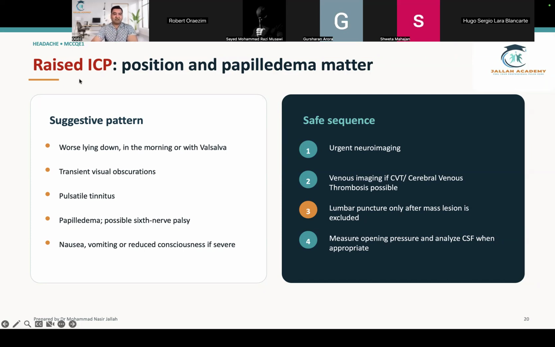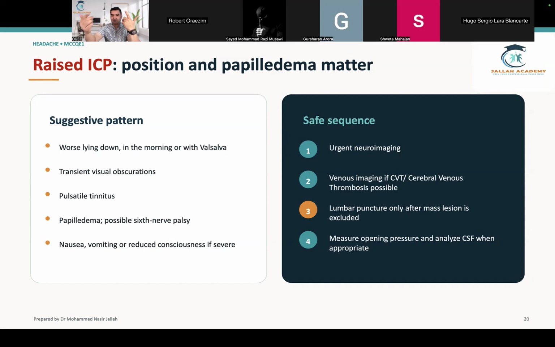First of all, if they want to test you on raised intracranial pressure, they will give you a scenario about someone. It could happen to anyone, but in terms of gender, they may give you a female. Not only that, the patient will be obese, as opposed to giant cell arteritis, where you're losing weight.